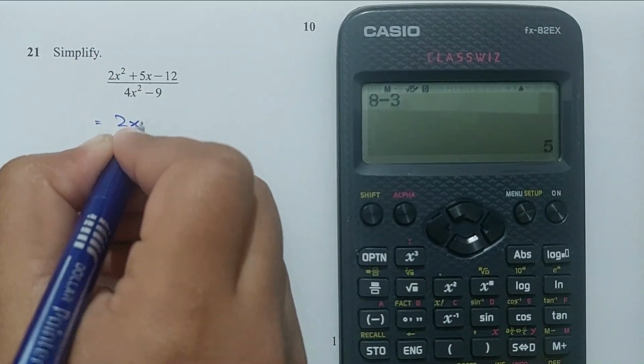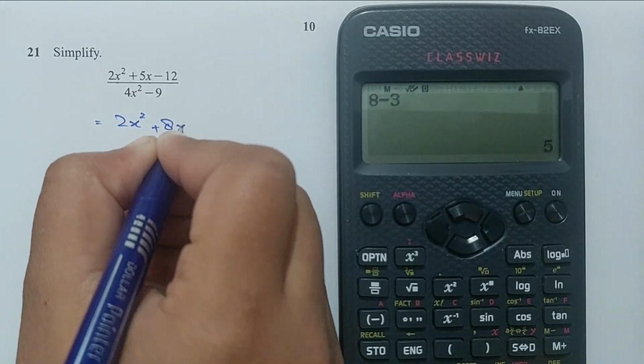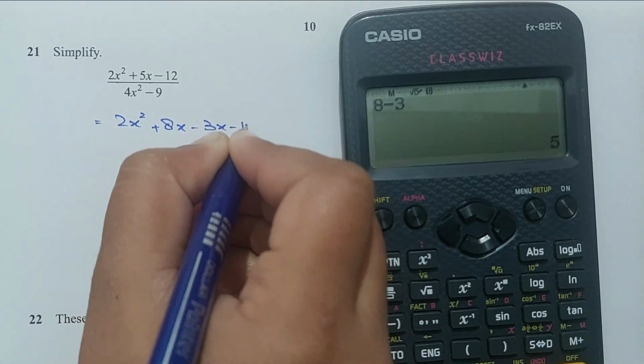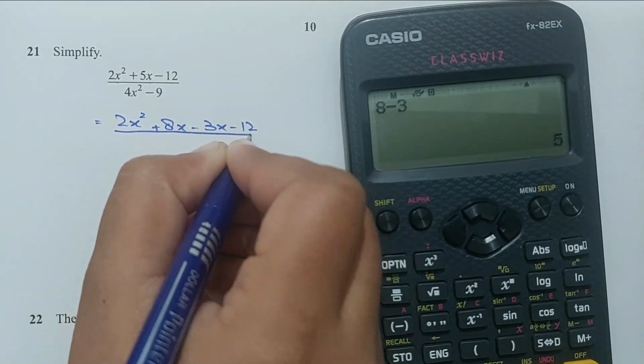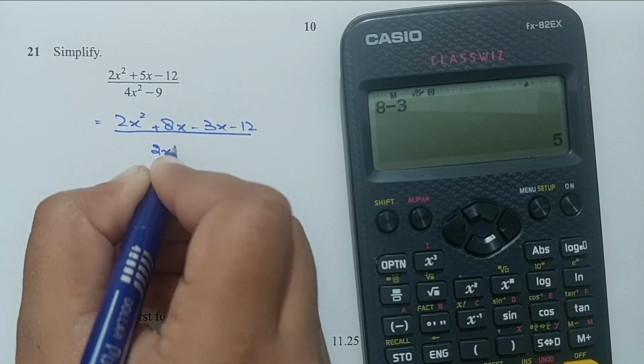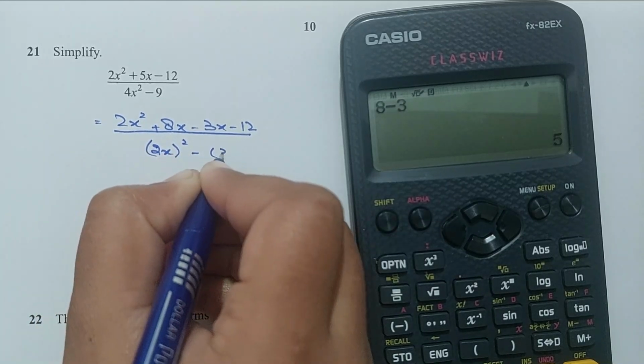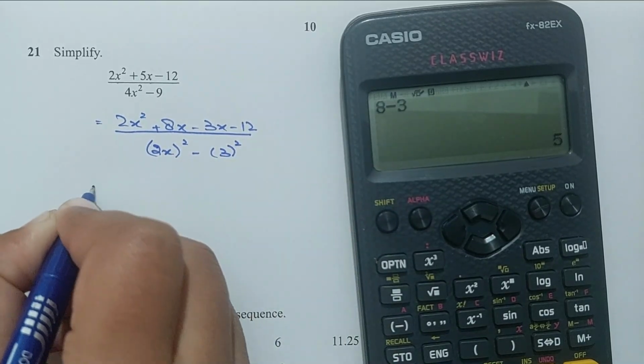So 2x square plus 8x minus 3x minus 12 divided by, which is 2x whole square minus 3 whole square, difference of square here.